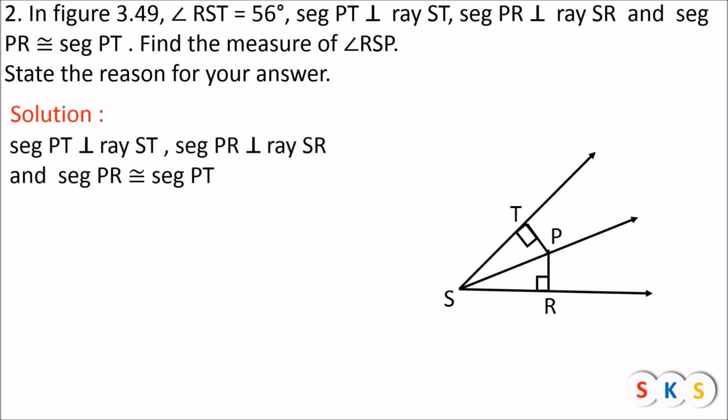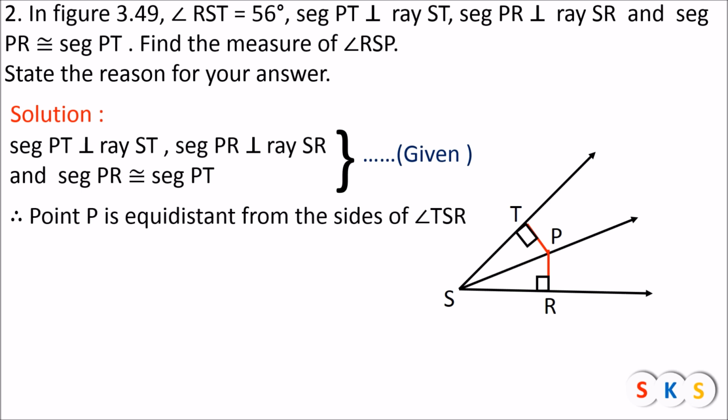What is given here? Seg PT perpendicular to ray ST and seg PR perpendicular to ray SR and seg PR congruent to seg PT. You can see in this figure, seg PT and seg PR are equal. That means point P has the same distance from side ST and side SR. And if any point has the same distance from the sides of any angle, then that point will lie on the angle bisector.